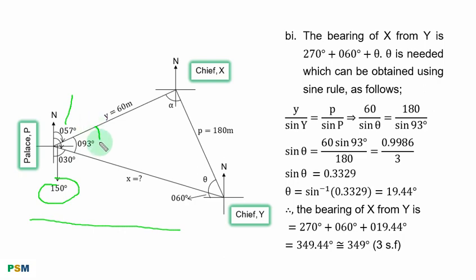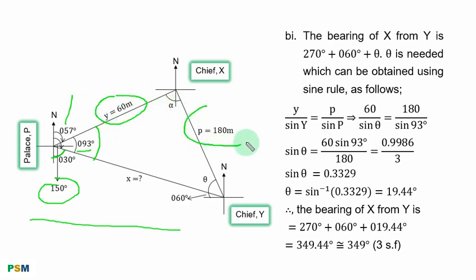To get this angle, you have 150 degrees minus 057 degrees. That is 093 degrees. This whole side is 180 degrees. So the remaining part must be 030 degrees. Here is 60 meters.